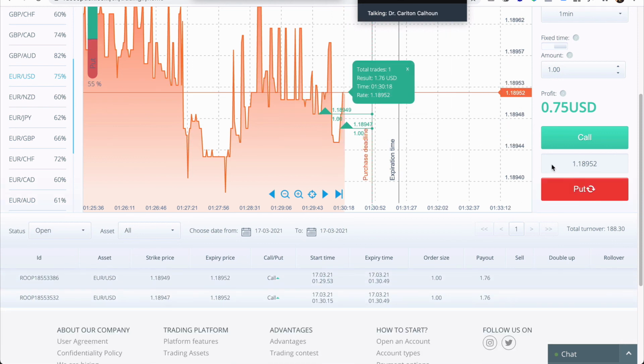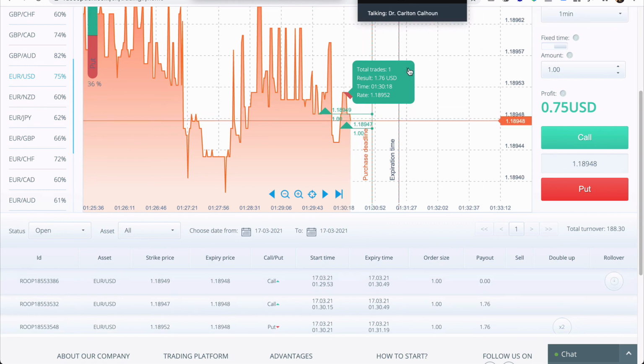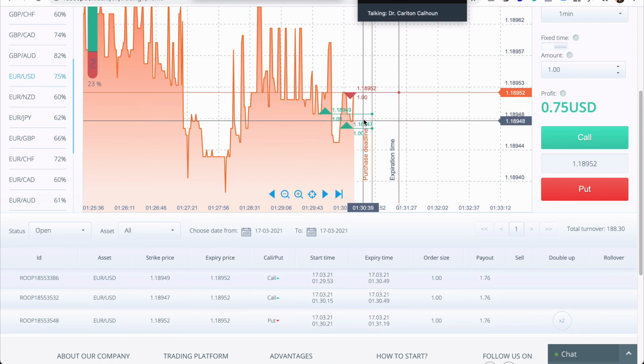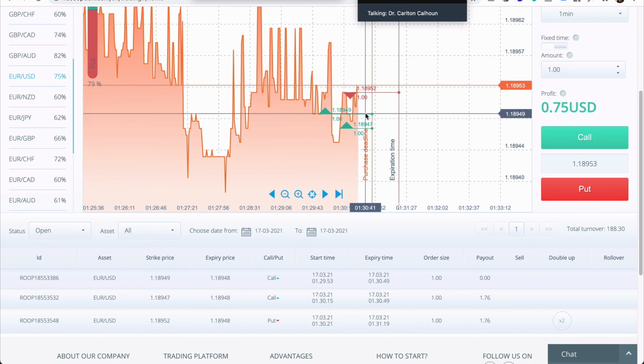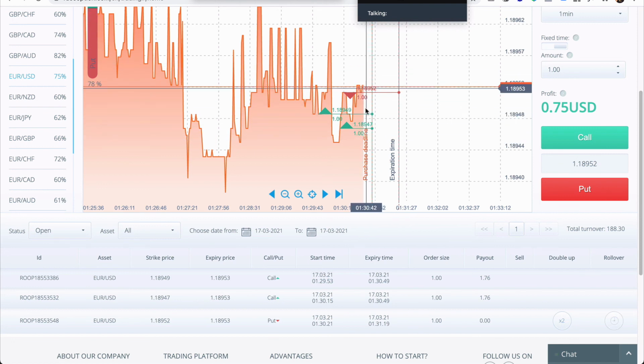Clear, and then let's put one on top. See what I just did? These spikes, it's what you call trapping price. That's on that Euro USD you just saw. It's spiking.